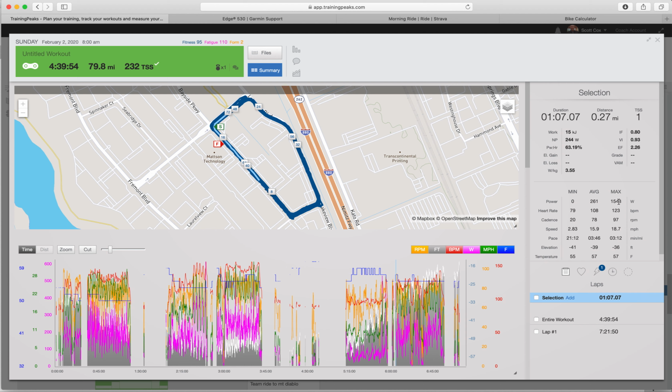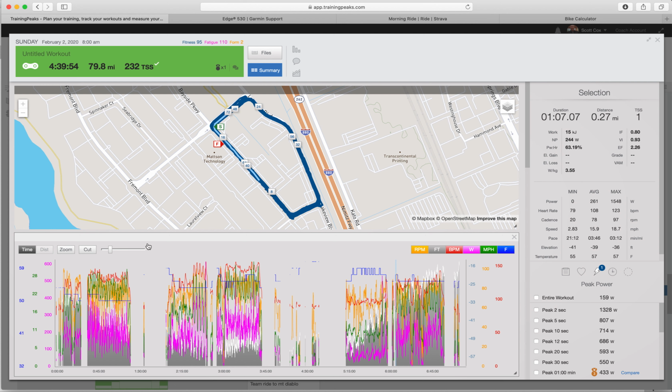So when I look at this athlete, I see 1548, and then when I look a little bit down here, I've already identified it here, but I'll pull up the power, and I see the 5-second average is 807. So right there, it tells me quickly that that's not real. So it tells me we have to ignore that.